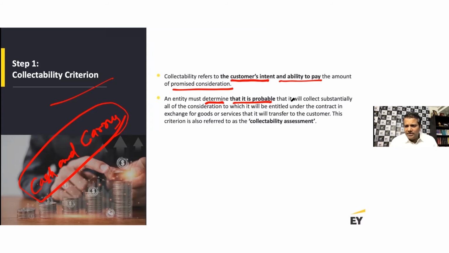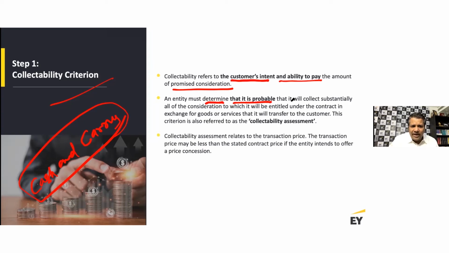The important judgment here is that the customer has the ability and intent to pay. The assessment relates to the transaction price, which may be less than the stated contract price if the entity intends to offer a price concession or a discount. Let's say I've sold goods worth 100 rupees, but I know that I'm going to extend a discount of 20%. That means you only intend to collect 80.